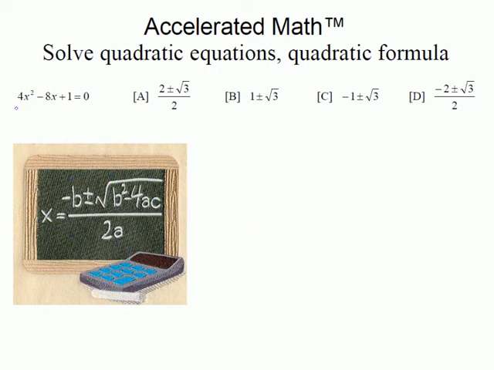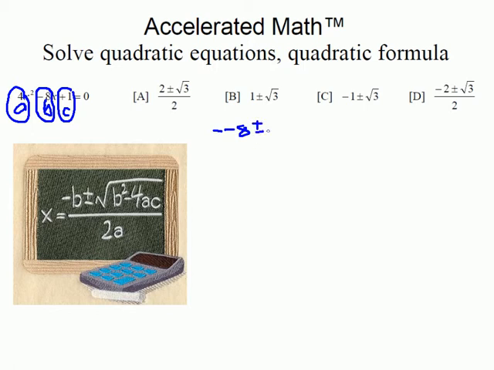Okay, so we've got our A, B, and C values. And what's important there is that you gather not only the number but the sign in front of it. So that b, I got that negative 8. Alright, so we're going to fill it in. Negative b. Now notice that b is negative, so it's kind of like negative negative 8, which of course is really positive 8.